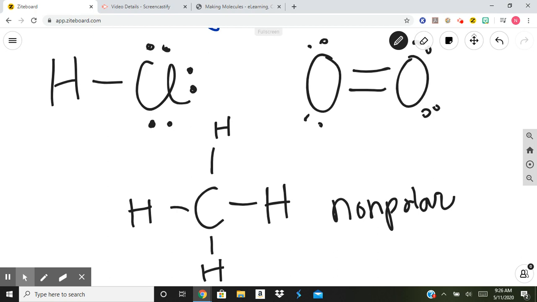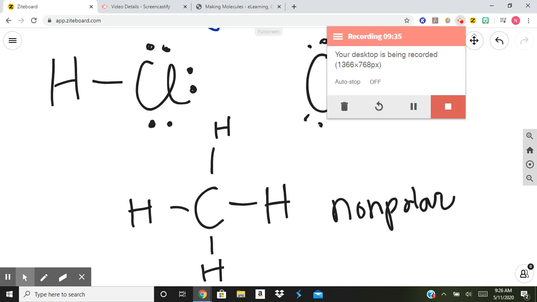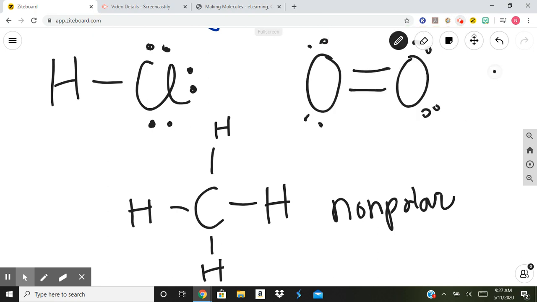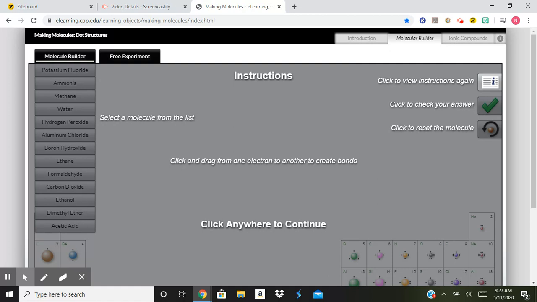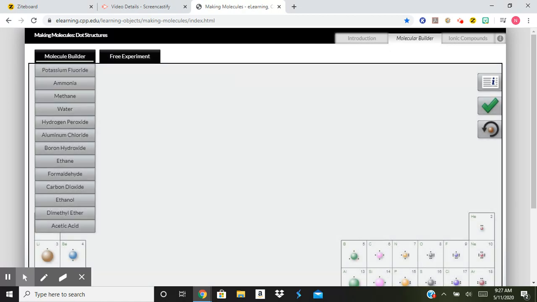So the website or the assignment that you're going to use is the website that we used last week. This is the assignment that's going to be posted up on Google Classroom. You're going to be using the Making Molecules site, okay? And you're going to click Molecular Builder. All right, click anywhere to continue.